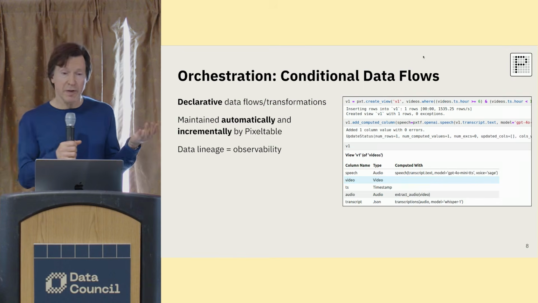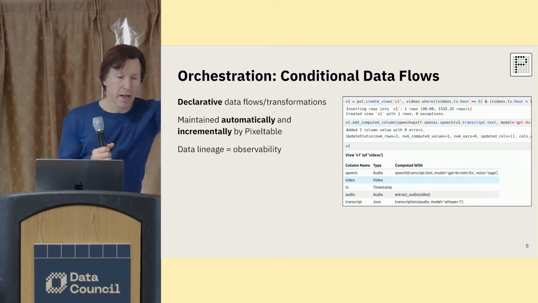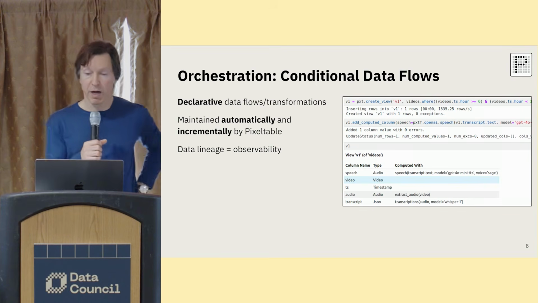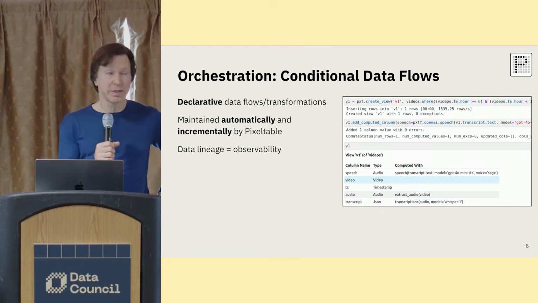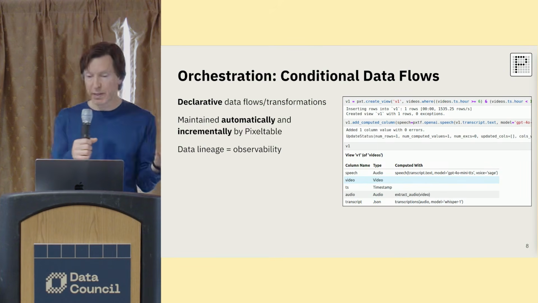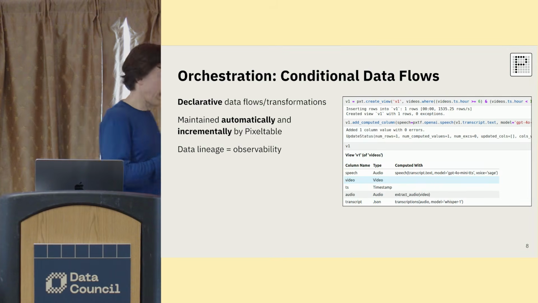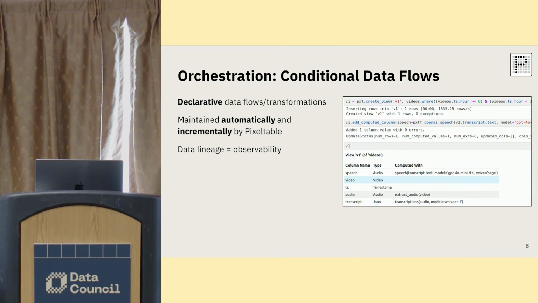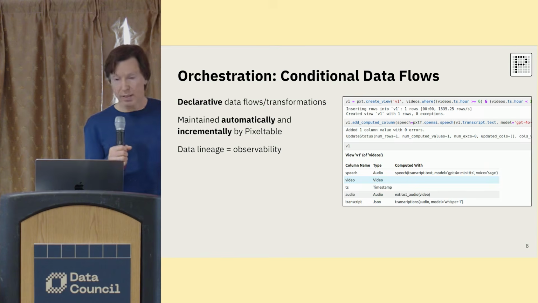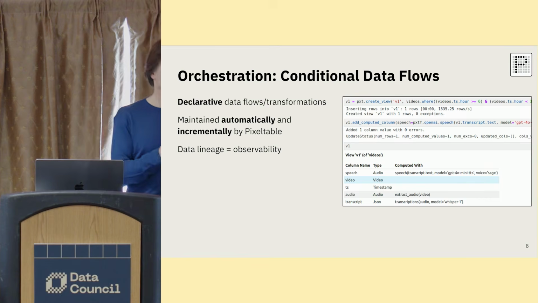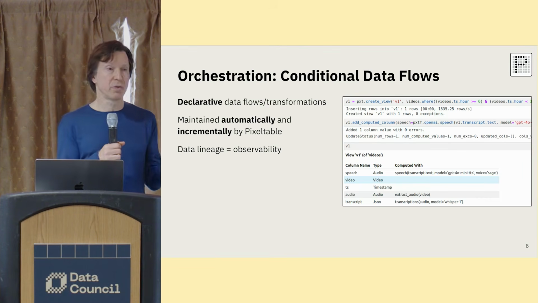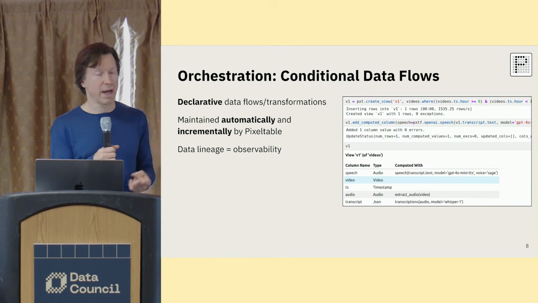More complex orchestration, we just saw a very simple pipeline, one value after another. Oftentimes you have conditional data flows, then it becomes a little more complicated. So you can have pipelines that only operate on part of the data. A very typical example would be you have a large table with videos, and you want to annotate a few of the frames of those videos and then train your, let's say, object detection model on that, right?